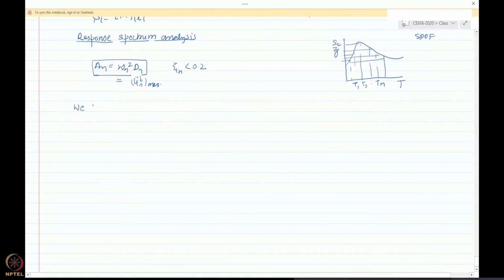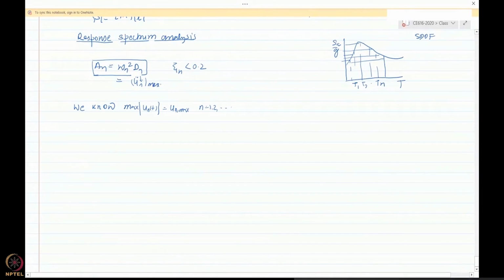What do we know? We know the maximum value of un(t), as un max for n equal to 1, 2, 3. This I know because the response spectra for that particular ground motion is given to me.